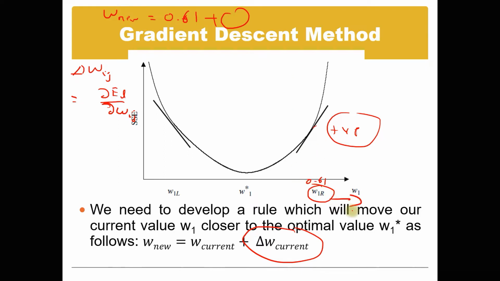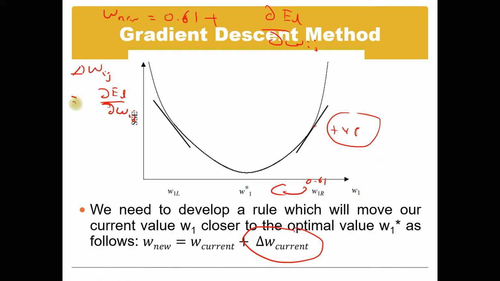So your 0.61 plus that derivative, del E by del Wij, will move you to the right, not to the left, because whatever value this could be is positive. So you are moving to the right, which is not good.